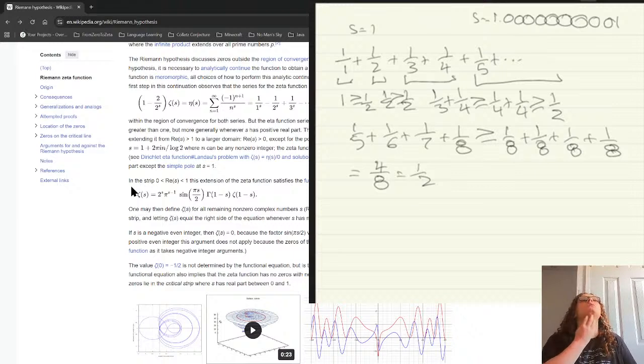But we can still apply this functional equation outside of the strip to get all of the negative values too.